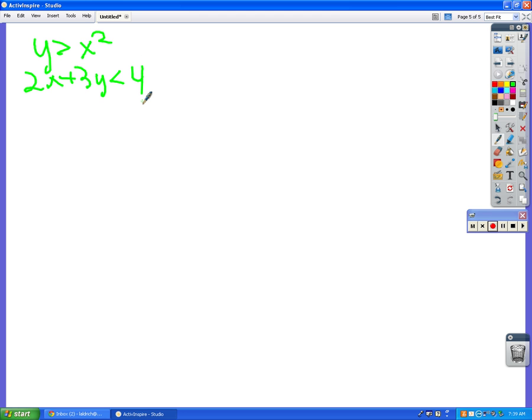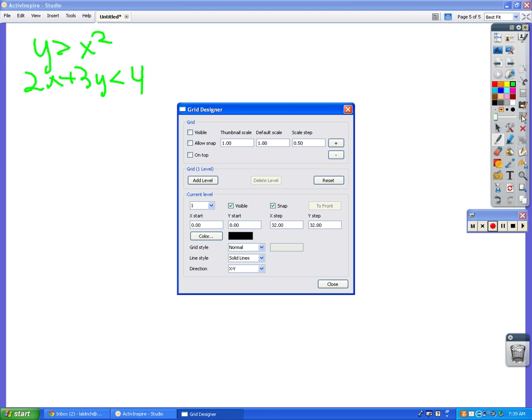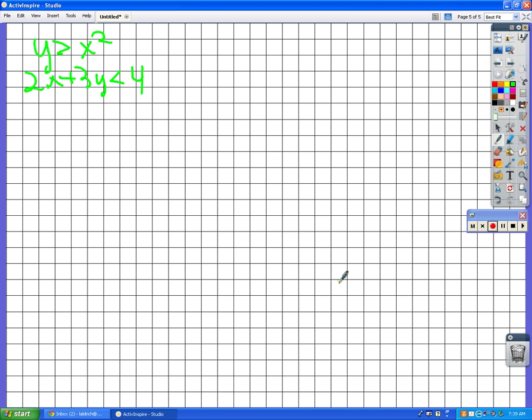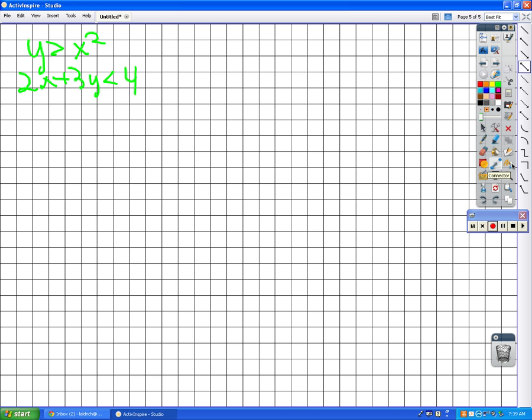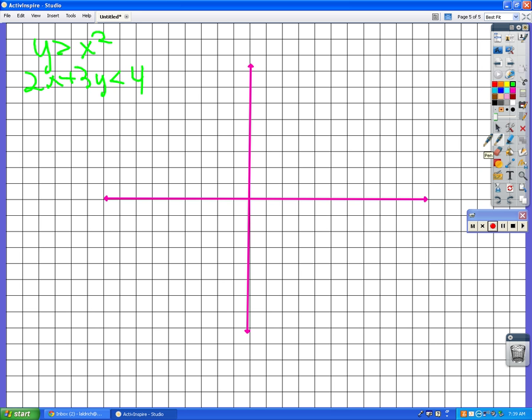All right, so let's graph the system of equations. Y is greater than x squared. I'll pass them out to you guys when I give you the assignment. So what does y equals x squared look like? Obviously, a parabola.